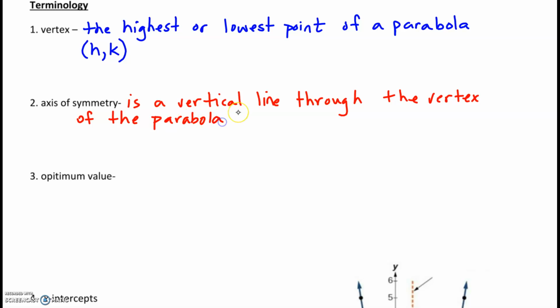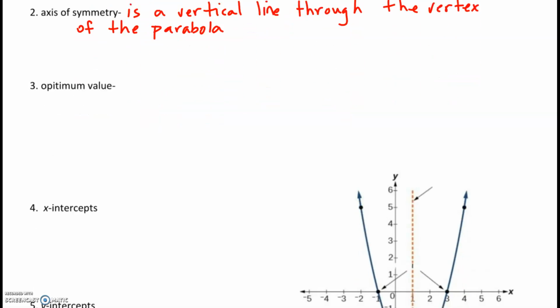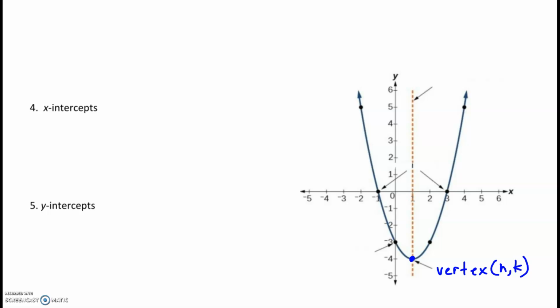Let's go ahead and we'll look at our diagram again. So it's a vertical line that goes through the vertex. We can see this yellow dotted line here that goes through the vertex. This is our axis of symmetry. You can see what it does is it basically cuts the parabola in half, and then the points on either side are almost a mirror image of each other.